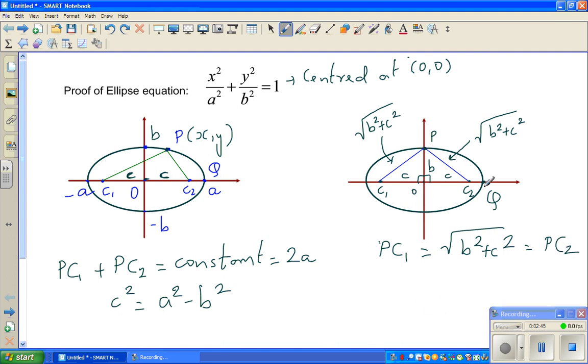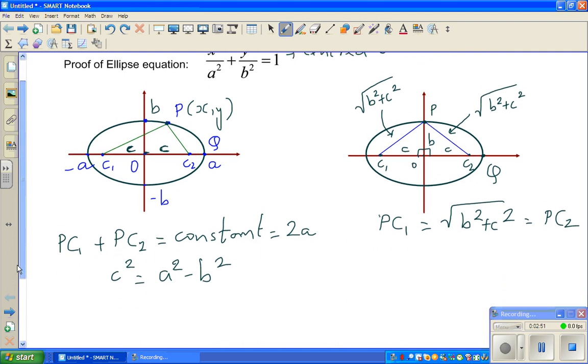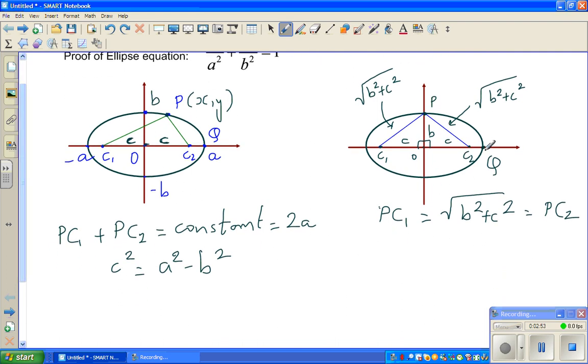Now let me scroll up. What is QC1? QC1 is QO plus OC1.